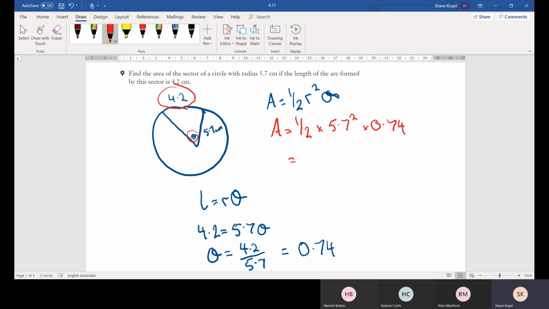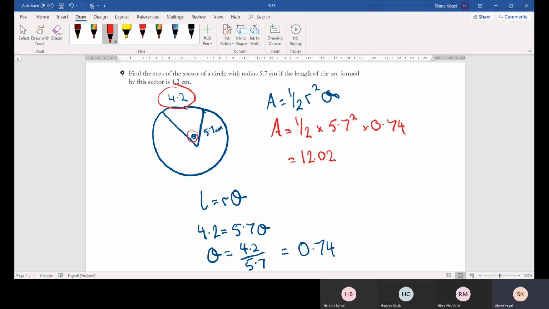So again, I'm just going to plug this into my calculator to get my answer. Okay, and I get 12.02.